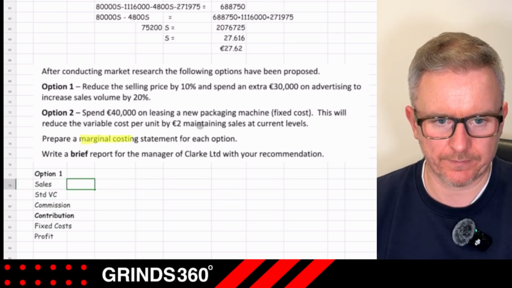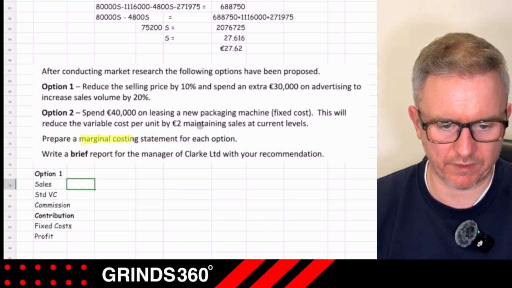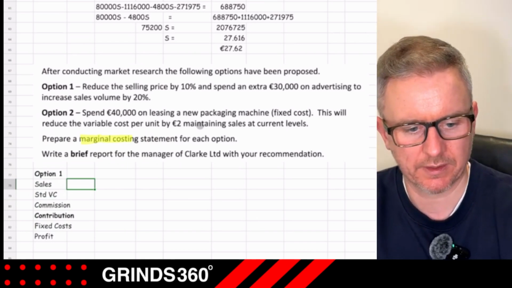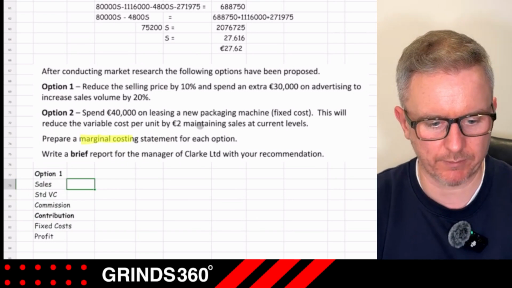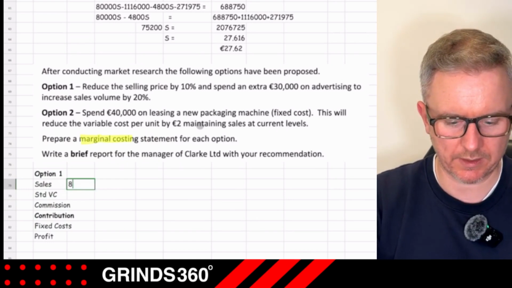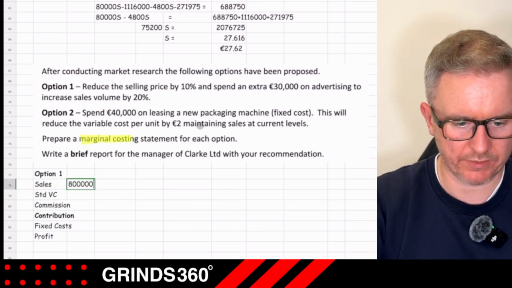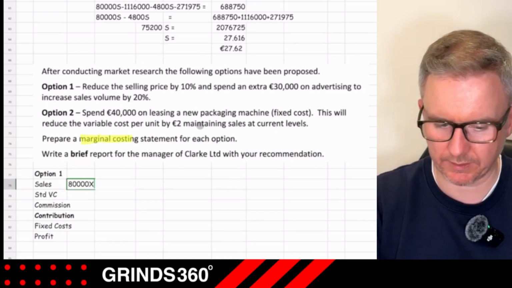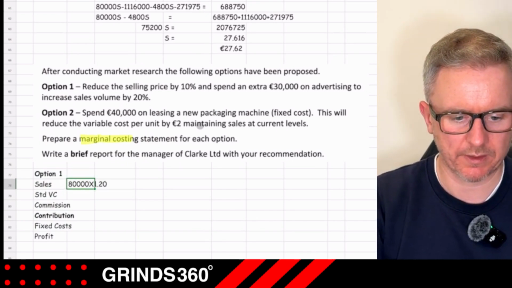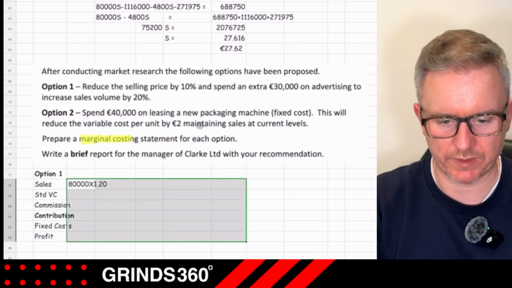So your sales, we always put our units in first. They're going to increase the sales volume by 20%. So you take your 80,000 units and increase them by 20%. So it's going to be 80,000 by 1.2.